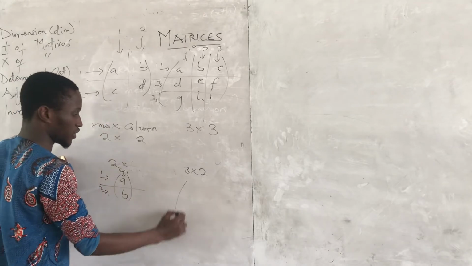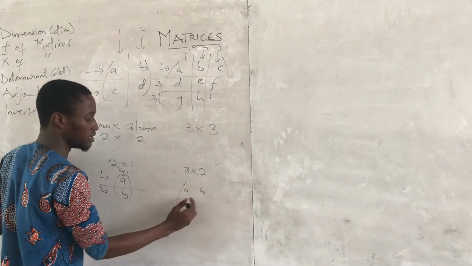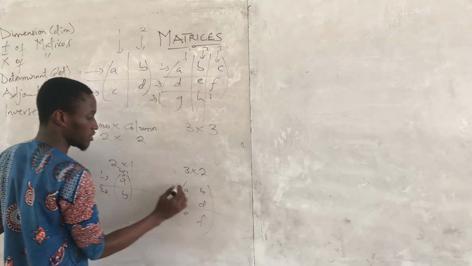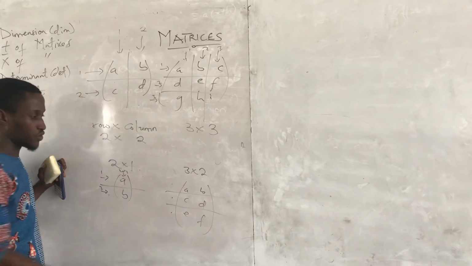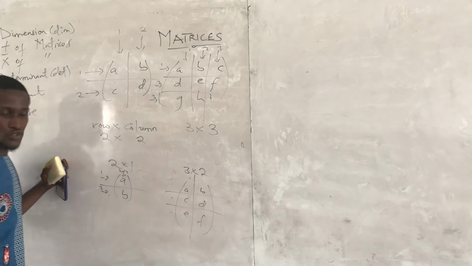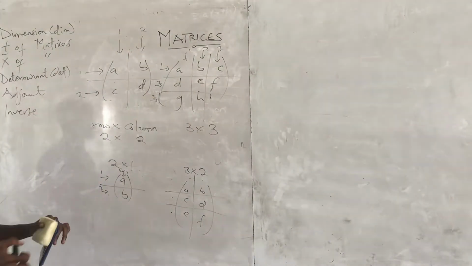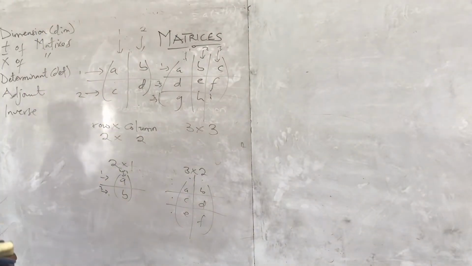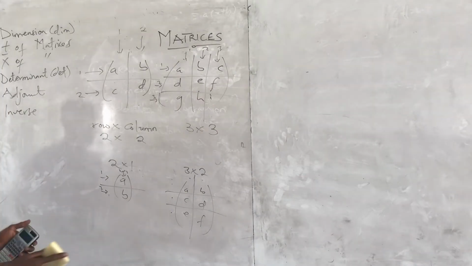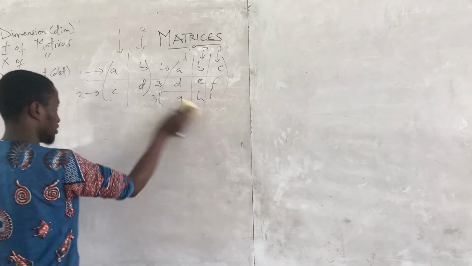And if I say 3 by 2, I mean A, B, C, D, E, F. This gives me 3 rows. How many columns? 2 columns. So that is 3 by 2. So that's what we call dimension, or how to know the dimension of a matrix. The number of rows by the number of columns. So that's how we identify the matrix dimension.